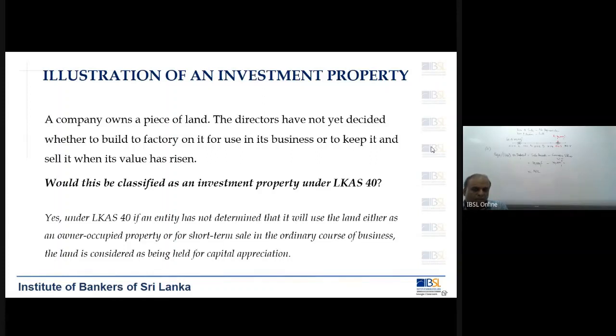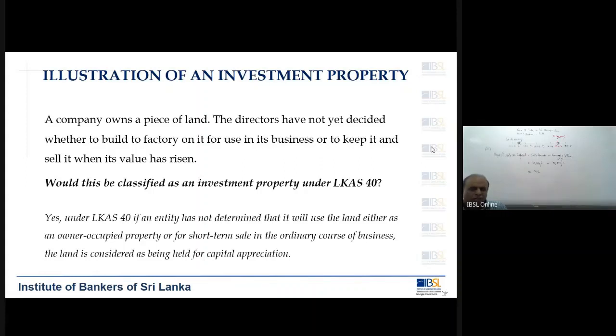Secondly, do they have a target to sell it immediately? No, that is also not there, because they say, or to keep it and sell it when its value has risen. So they are going to hold this piece of land for a longer period. If they are going to hold it for a longer period, what is it for?